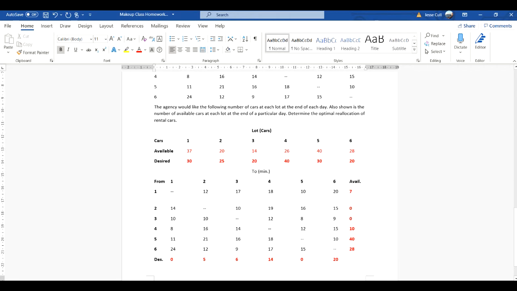And our final station, we have 20 desired, 28 available. So their actual supply is 8 units, and their demand is 0.